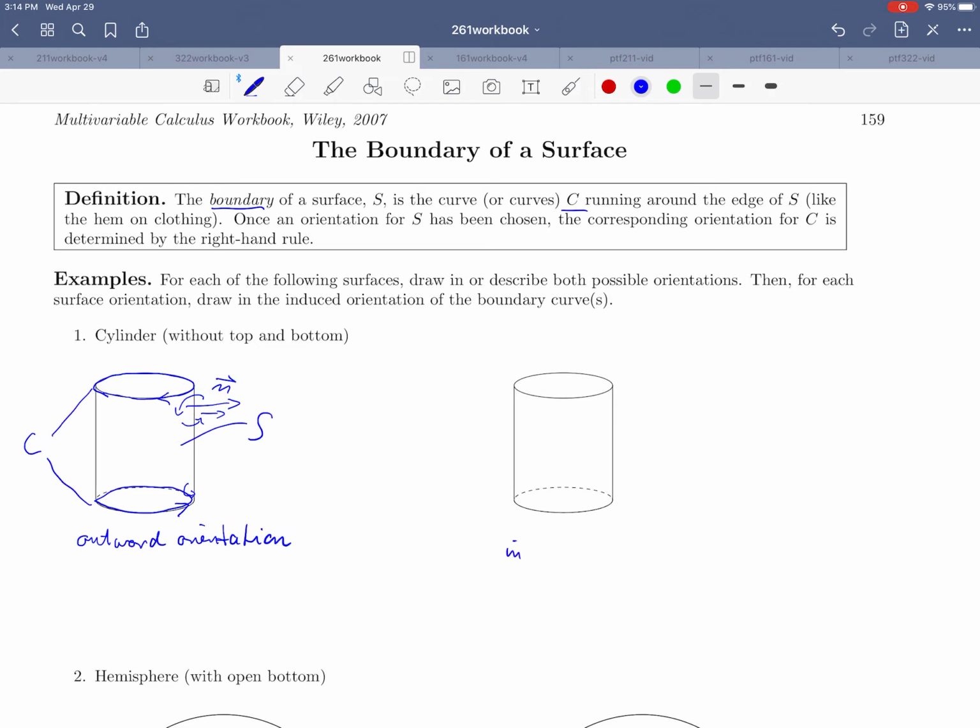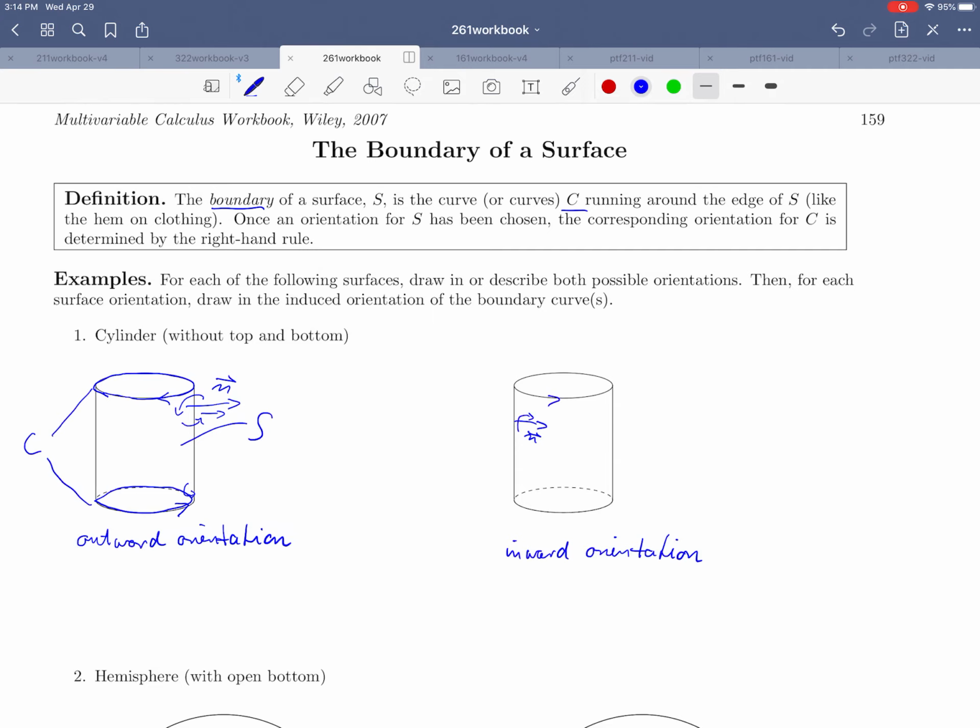If we are looking at inward orientation, that's hard to draw, but imagine the normal vector is pointing inward. Then I would be pointing in and curling around this way.